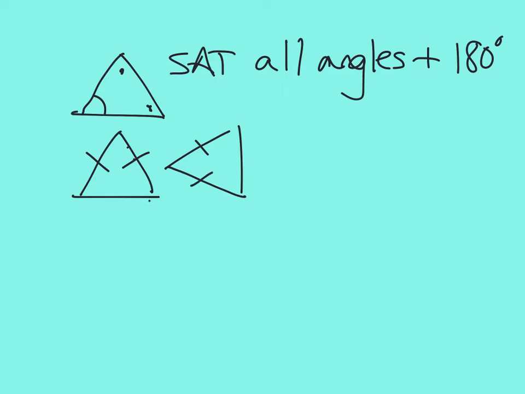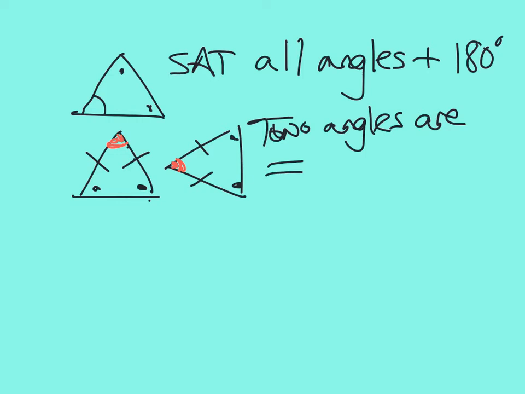Remember that the two lines that are congruent, they join at the vertex, okay? And that means that the two angles that are equal are the other two angles, okay? So two angles are equal. And then that is isos.